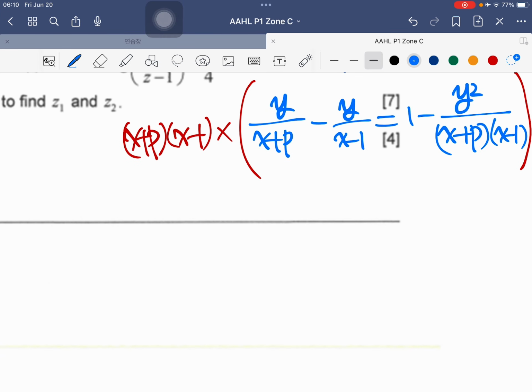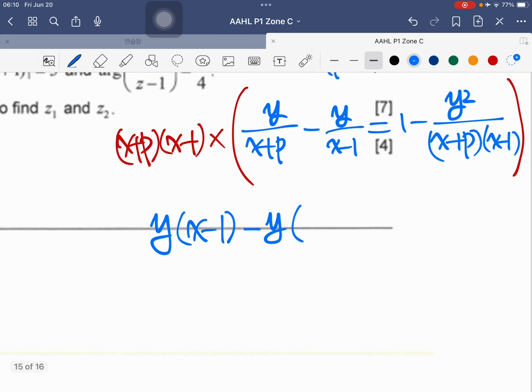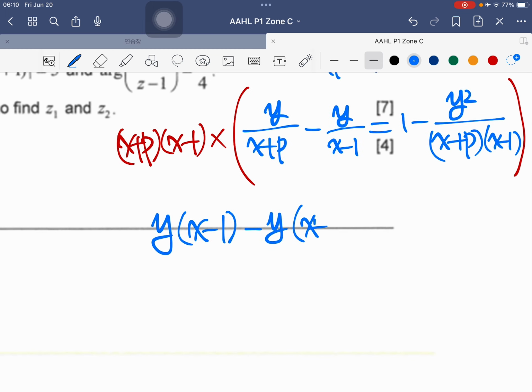On the left hand side, it's going to be y times (x minus 1) minus y times (x plus p), where the matching factor cancels out, equals (x plus p)(x minus 1) and y squared remaining.